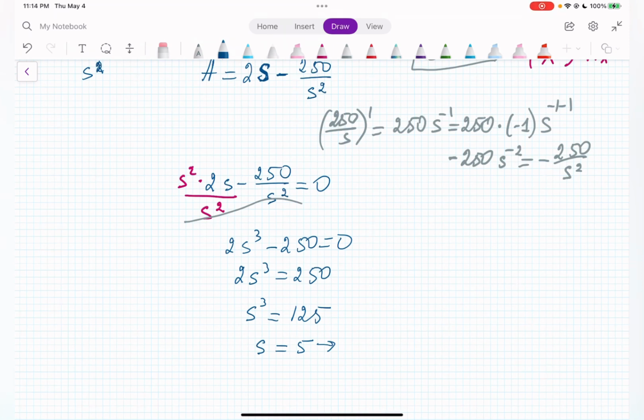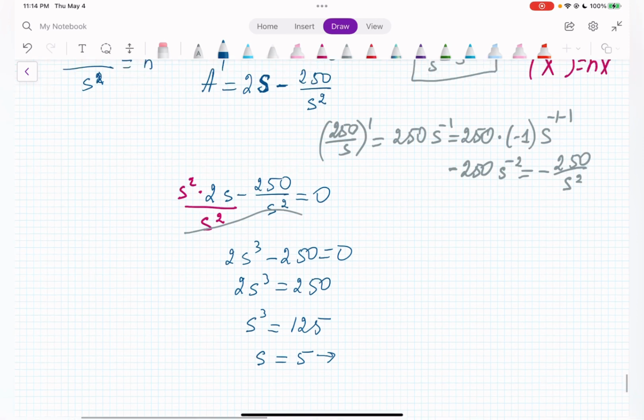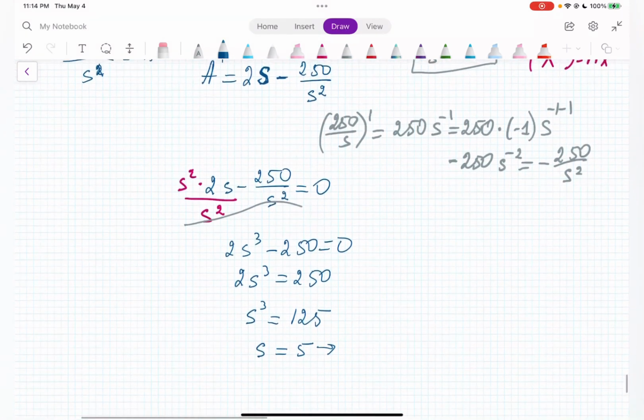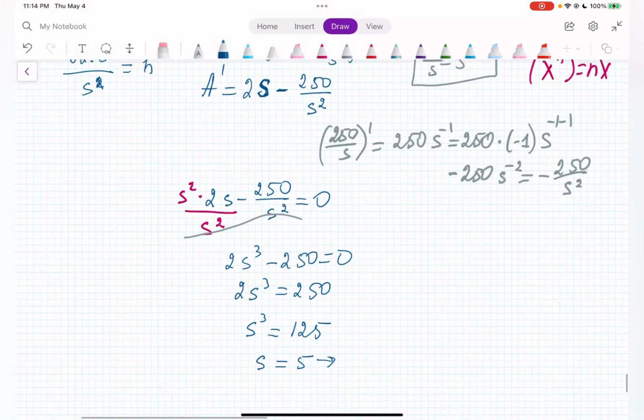To find out if this is maximum or minimum, we are going to take the second derivative, right? So the first derivative is s prime equal to 2s minus 250 over s squared.